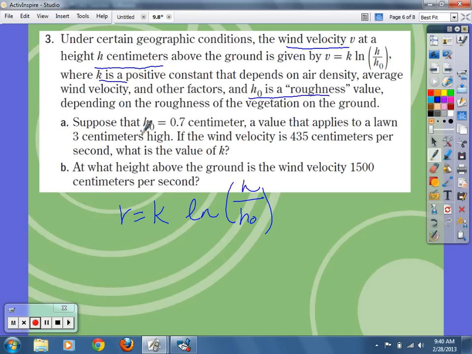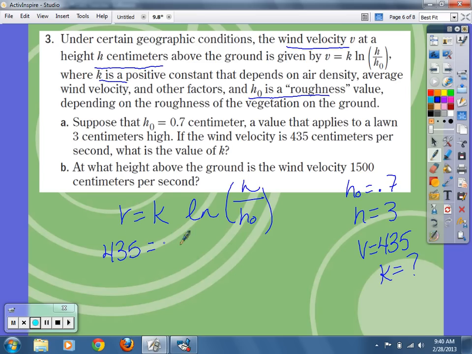Okay, it says h sub o is 0.7. A value that applies to a lawn 3 centimeters high. So h is 3. Wind velocity V is 435. We are looking for the constant. Plug in what we're given.